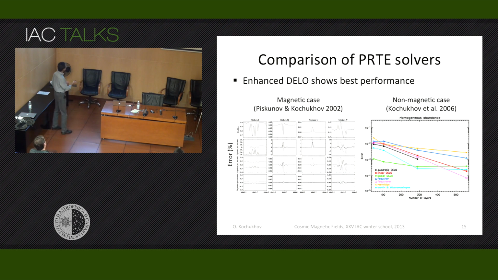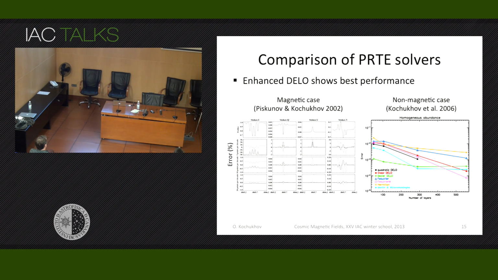And this picture is perhaps more clear. It shows the non-magnetic test of this method. Actually, the performance in the non-magnetic case is exactly the same as in the magnetic situation. So it all depends more or less on how fast with depth your absorption coefficients change.